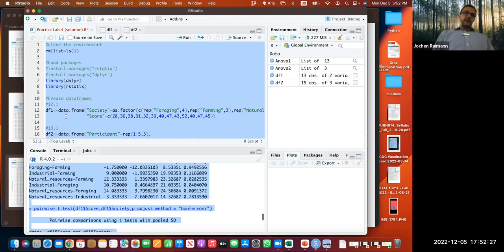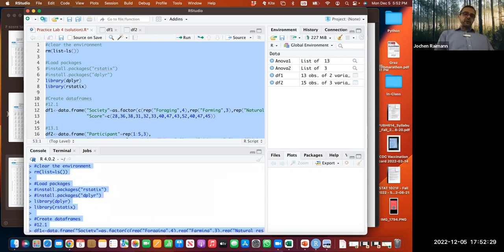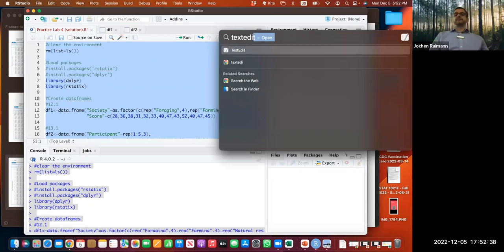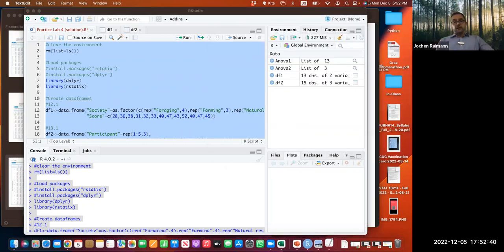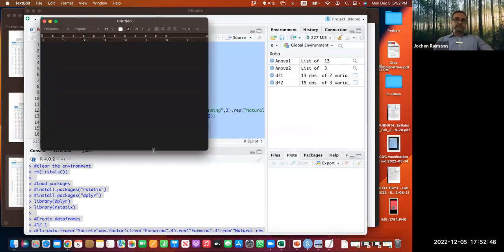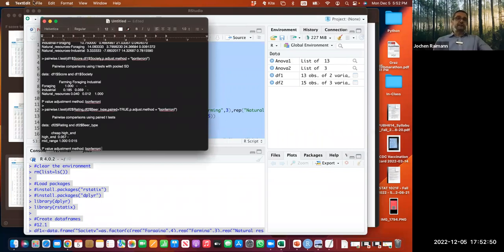Correct. And now you just select the whole thing. You Command and C the whole thing. You go in the Spotlight. You write your text edit. Once again, you are going in the text edit. You open a new document. You copy your console printout in there.